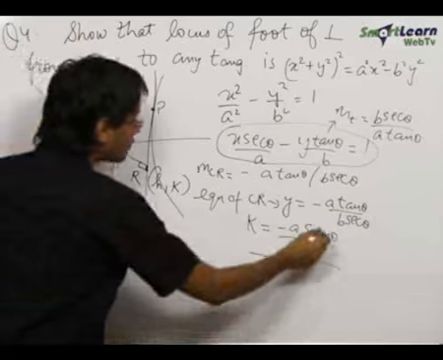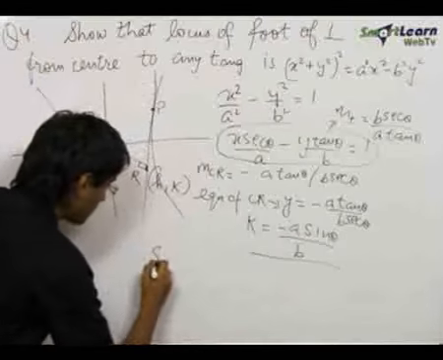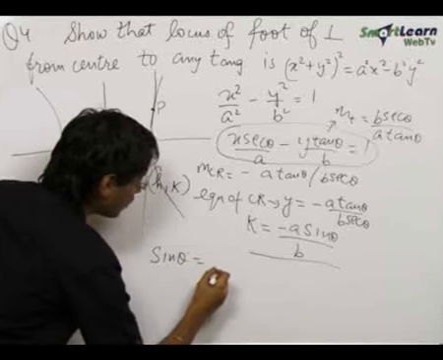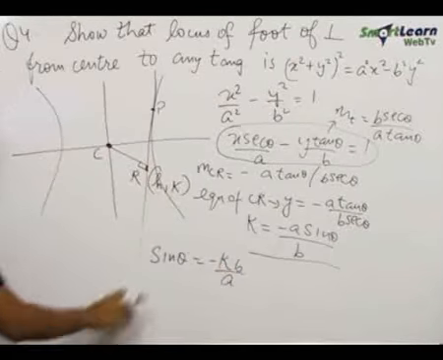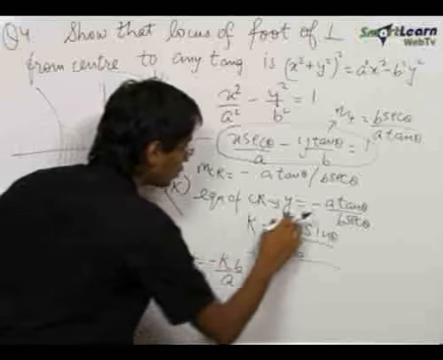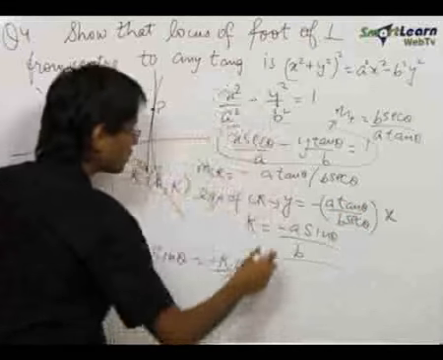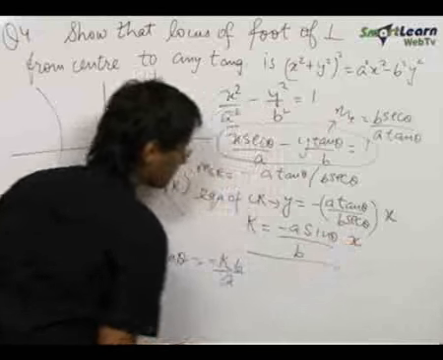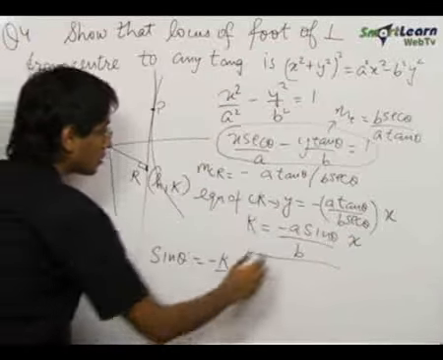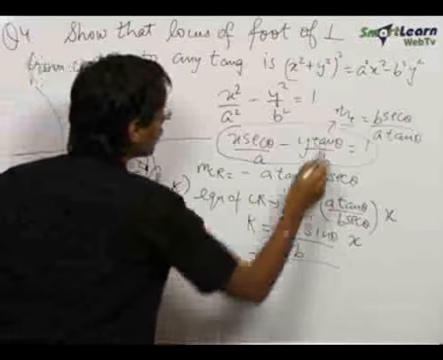Hence, k = −a sin θ/b times h, since y = mx with m the negative reciprocal of the slope of the tangent.